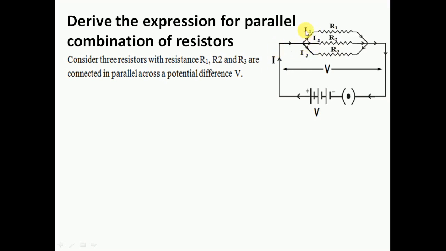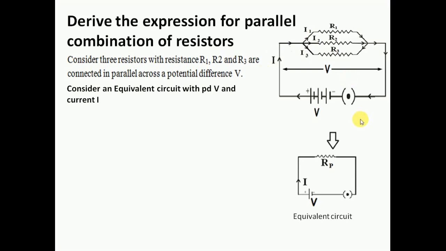That means I1, I2, I3 are the parts of I. And I'll draw one equivalent circuit in which potential and current are the same, only I'll replace the parallel combination R1, R2, R3 by Rp, which denotes resistance in parallel.